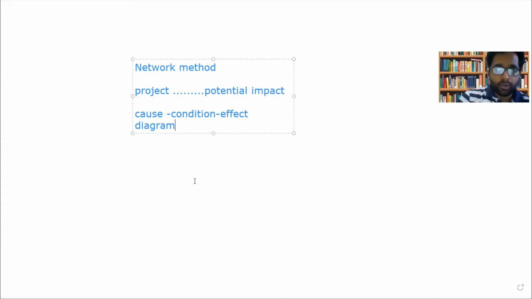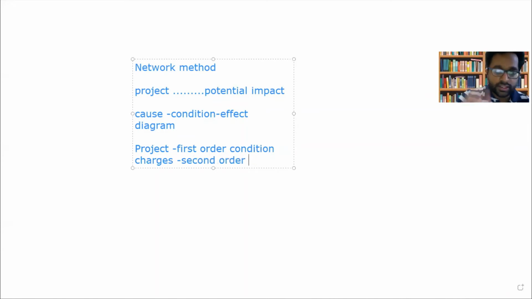For example, for a project, we have first order condition changes, then second order condition changes, then third order condition changes, and finally effects. So that is about the fourth method, known as the network method.